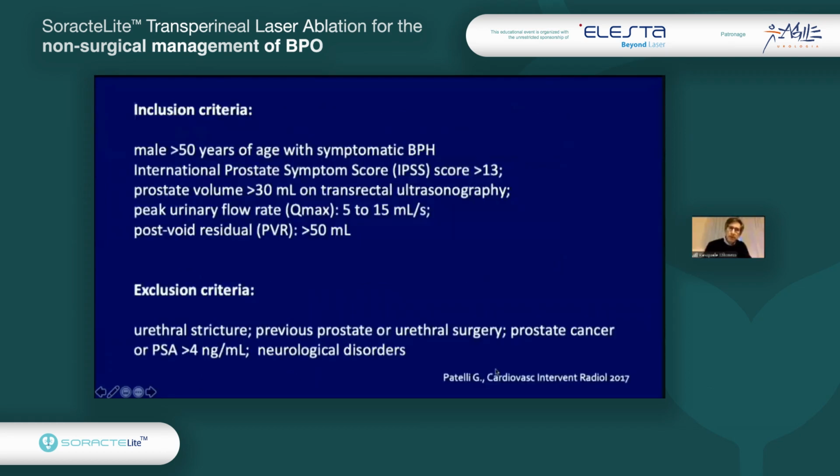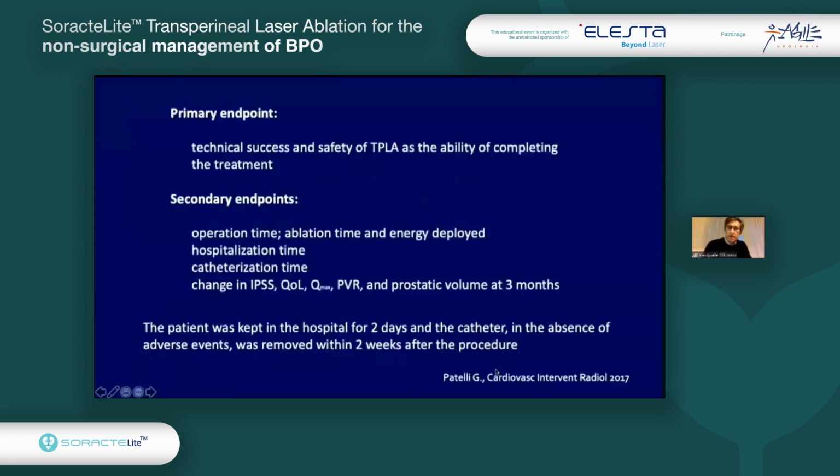The inclusion criteria were males above 50 years old with an IPSS score above 13, a prostate volume above 30, a Qmax between 5 and 15, and a post-void residual above 50 cc. The exclusion criteria were urethral stricture, previous prostate or urethral surgery, prostate cancer, or neurological disorders.